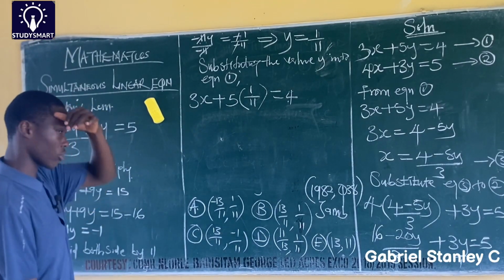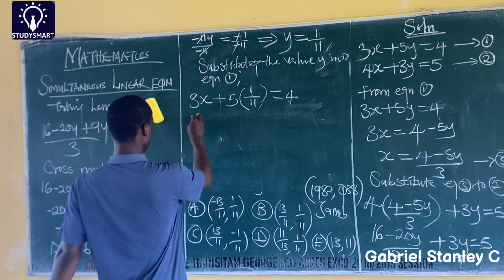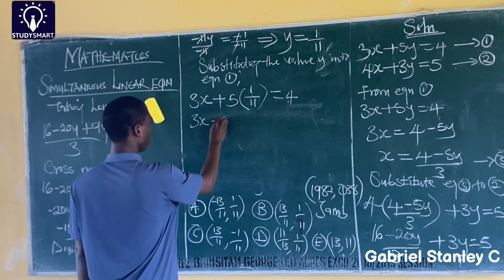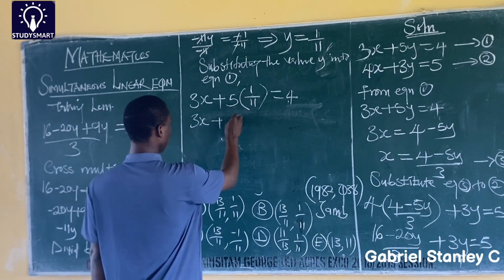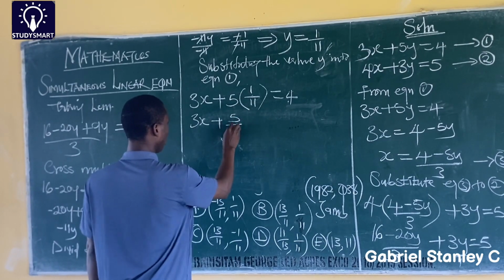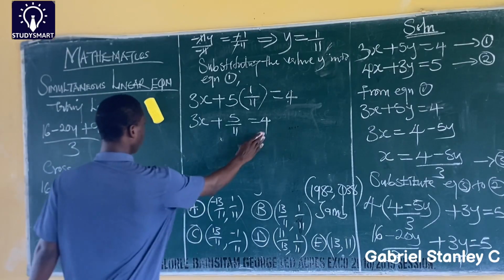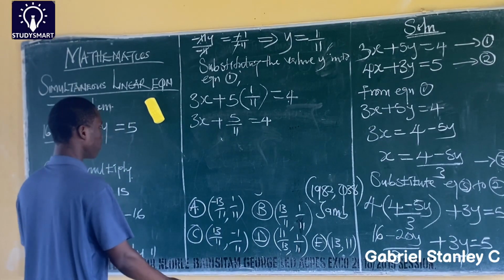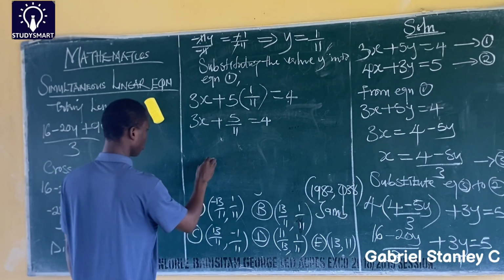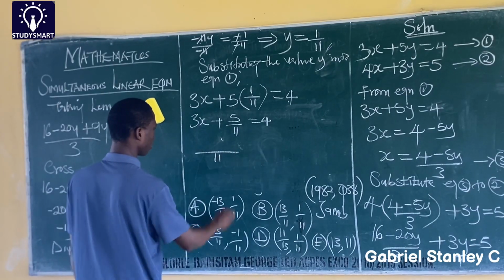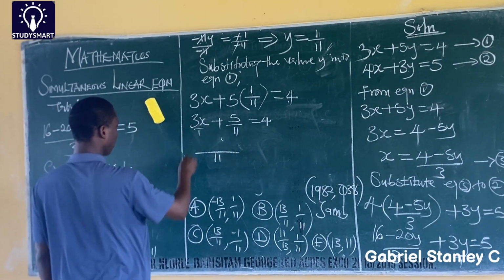And so this is the new expression I'm going to be having. So this becomes 3x plus 5 times 1 giving me 5, over 11, equal to 4. So if I take my LCM here, it is 11. So this is over 1. Right?